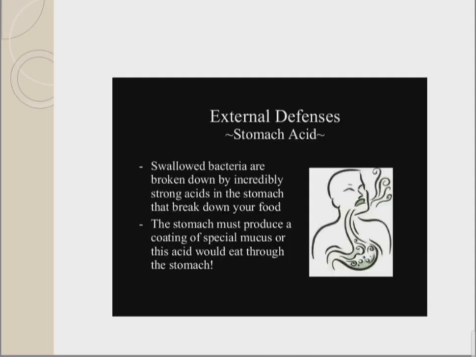Internal defense: stomach acid. Our stomach has an acid called hydrochloric acid. You all know it is a very strong acid. When you swallow bacteria, they are broken down by the strong acid in the stomach that breaks down your food. The stomach must provide a coating of special mucus or this acid would eat through the stomach.